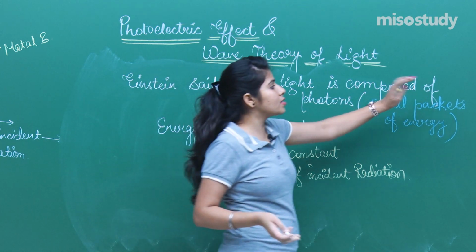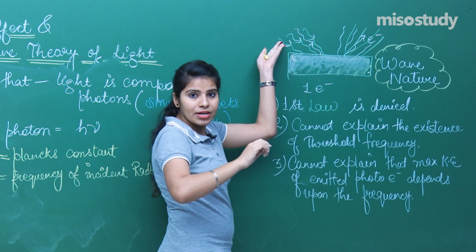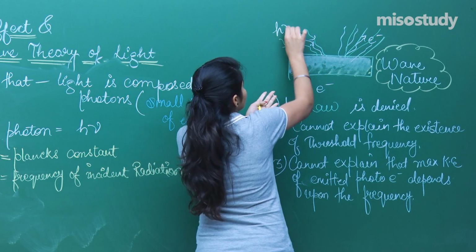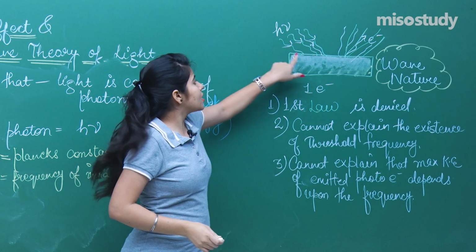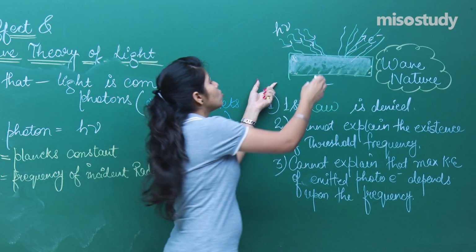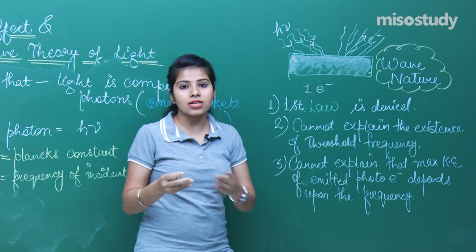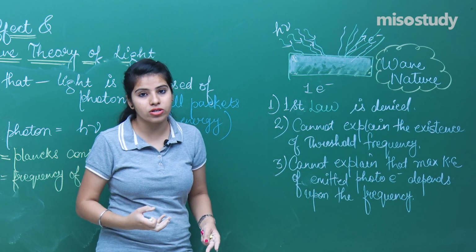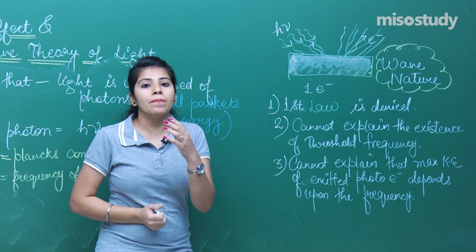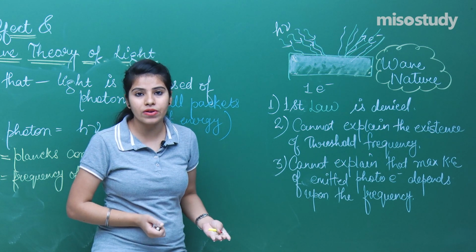If the radiation is falling, it has some energy, we say this is h nu. Now when this radiation is falling, part of the energy will be used to emit the electron from the metallic surface, that means to overcome the work function. What is the work function? The minimum energy required to bring out the electron from the metallic surface.